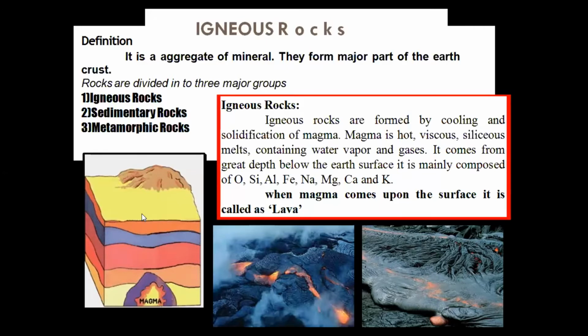The magma is normally hot, and when it is in the subsurface, it has gases dissolved in it, and it has immense pressure and temperature inside the earth, and it tries to come up.